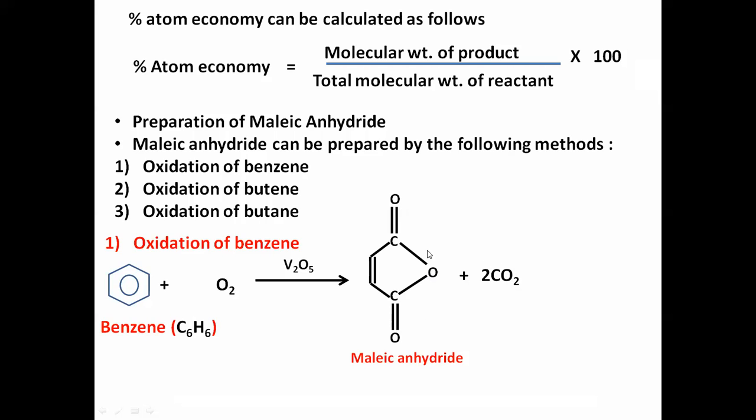How many in total? 2 into 4 plus 3, 7. 7 atoms at the product and byproduct side. So 7 atoms must be provided at the reactant side. How to get it done? We must balance this oxygen. 7 oxygen atoms we want. 7 oxygen atoms means how many molecules? 7 by 2 molecules. 7 by 2 molecules means what?